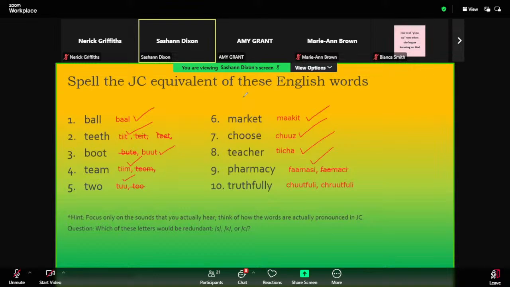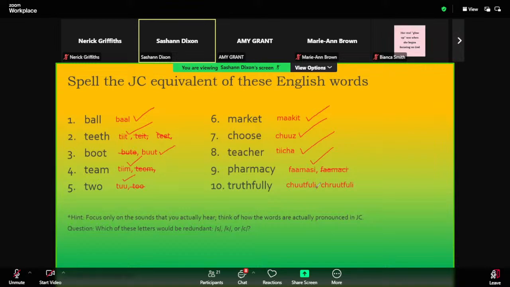However, the spelling for both is accurate. So if we're going with the first pronunciation, truthfully, the first sound, ch, is represented by the CH in both cases. Truth, we're looking for a long oo sound and then a t sound, hence the W in the first option. And then fully, we move past the sound represented by the F. Now we're looking for a short oo sound.